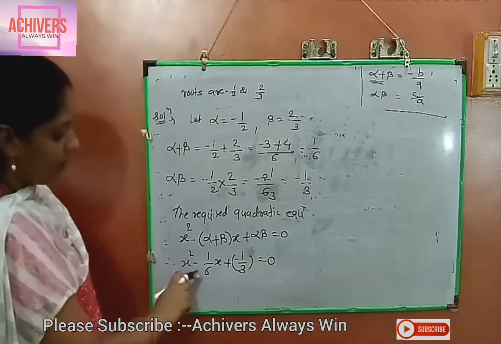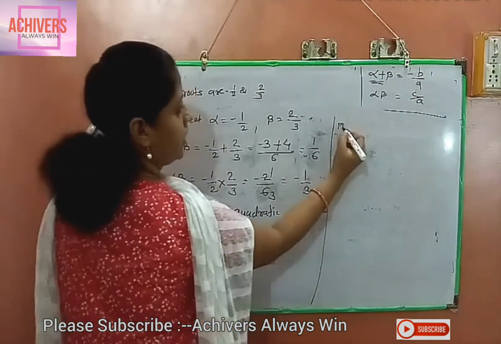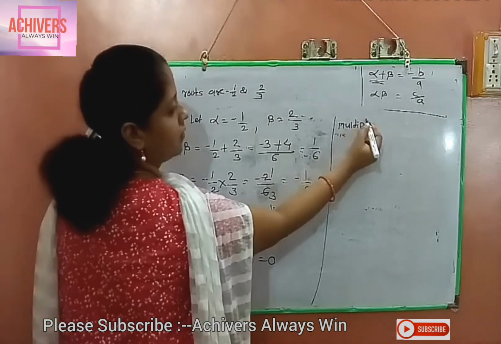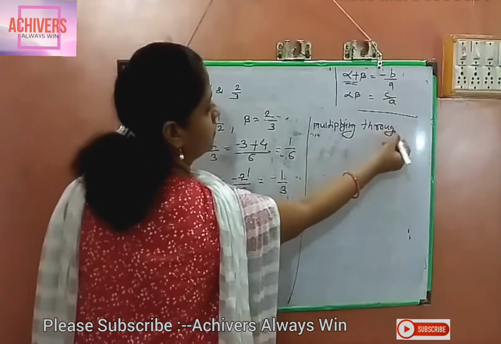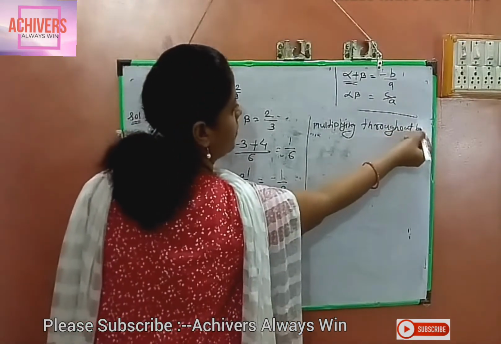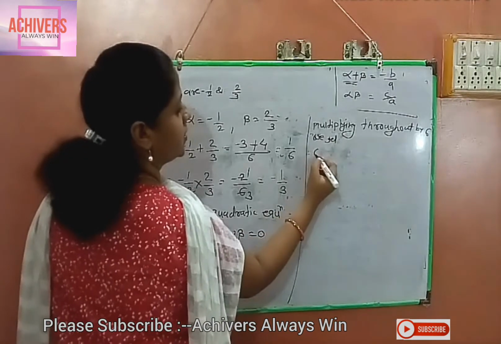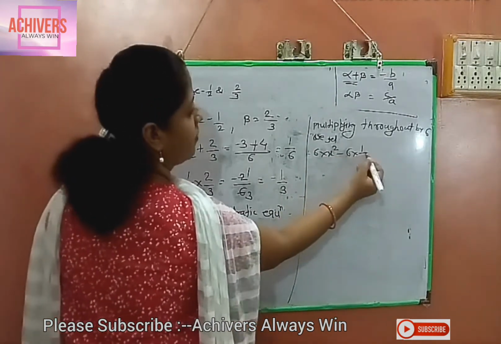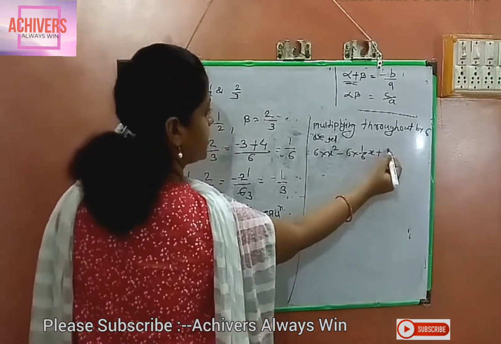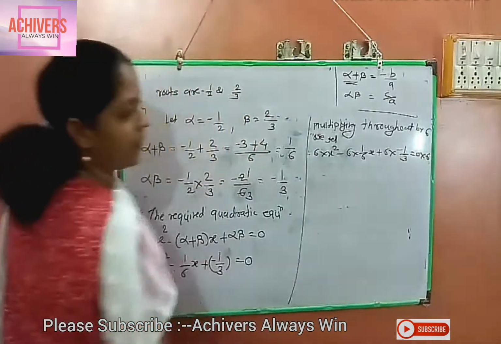Then multiply the equation throughout by 6. Multiplying throughout by 6 we get 6 multiply x square minus 6 multiply 1 by 6x plus 6 multiply minus 1 by 3 is equal to 0 multiply by 6.